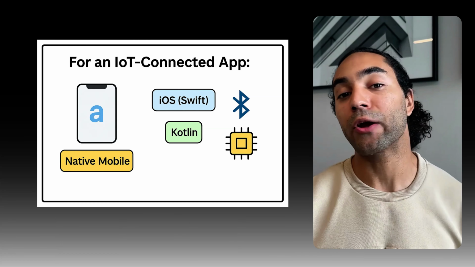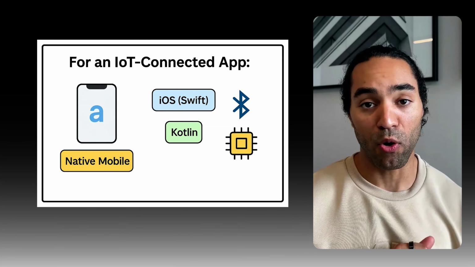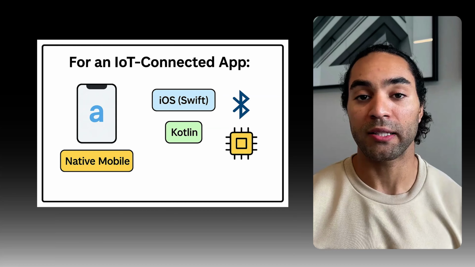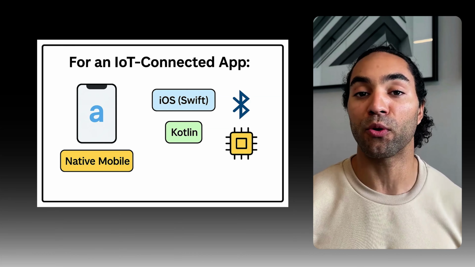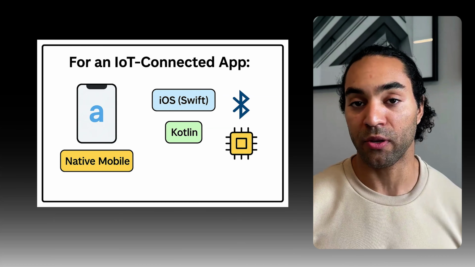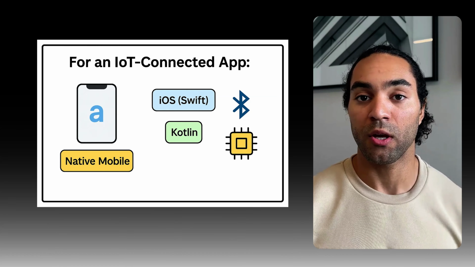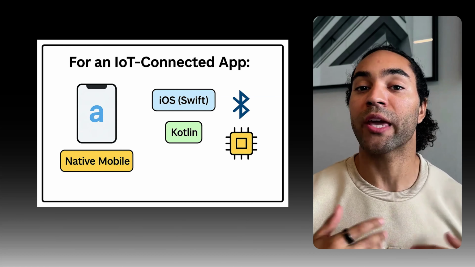And lastly, for an IoT connected app, and when I say IoT connected, that means Bluetooth or connecting with hardware, it is always preferable to go native, meaning like we talked about, iOS Swift, or Kotlin for Android, but you can use hybrids.